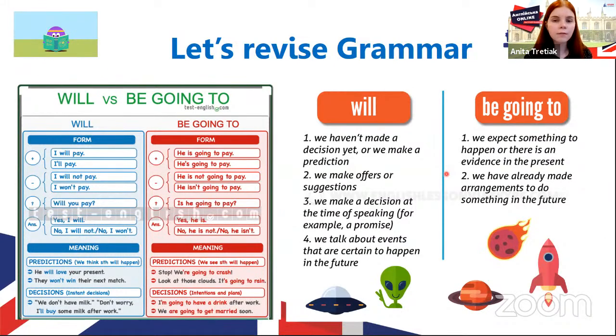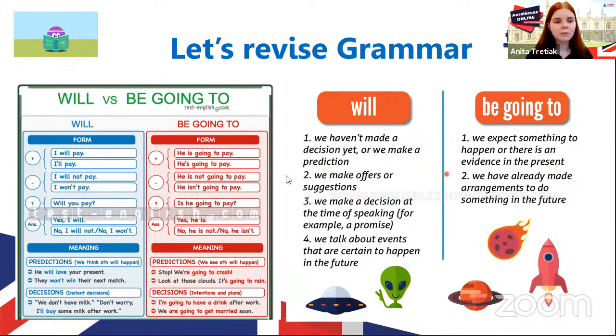Okay, you have this intention, you want to go to Italy, you know when it can happen, but you're not super sure that this can be. Yeah, you have a plan and you just plan this for the future. So that's why you use be going to in this case.